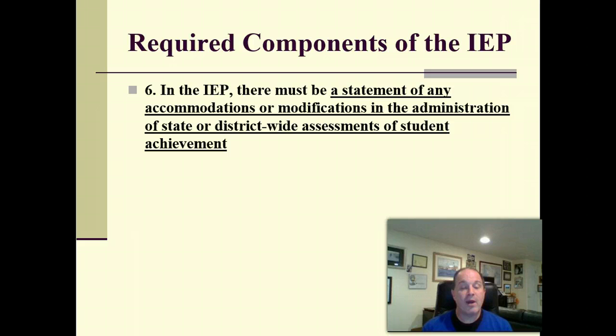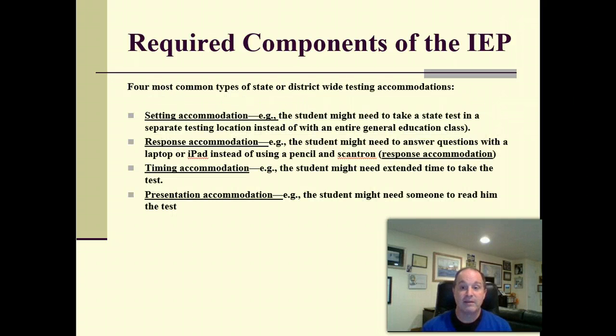The sixth required component of the IEP states that there must be a statement of any accommodations or modifications in the administration of state or district-wide assessments of student achievement.